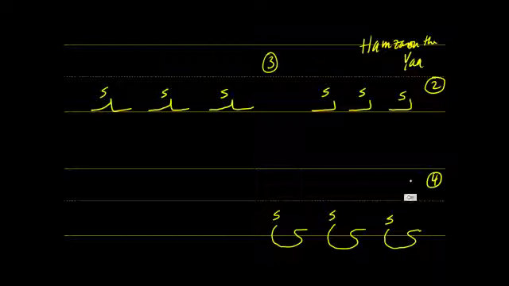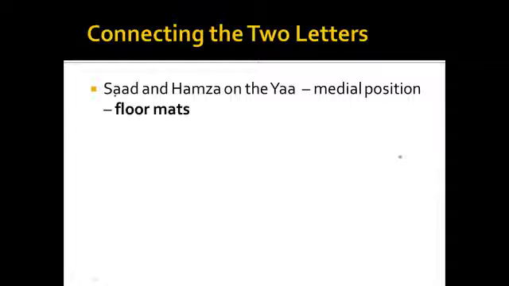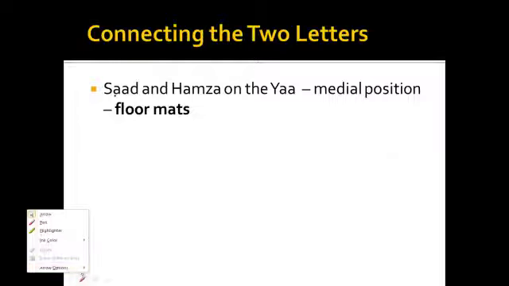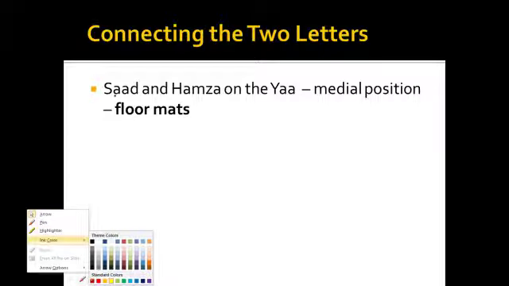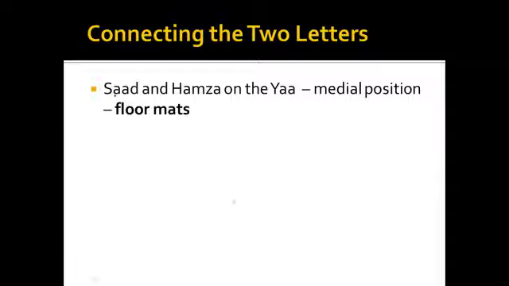Great. Okay, now let's look at the Saad and the Hamza on the Ya together in a word. The word that we're looking at today is the word hasair, which means floor mats or reed mats. Let's review really quickly.